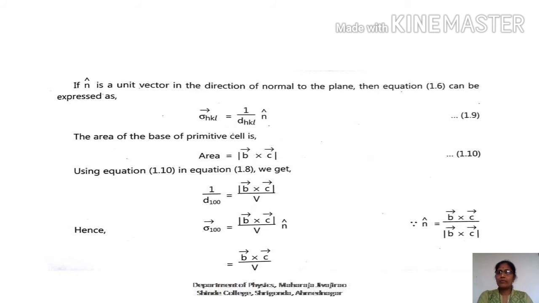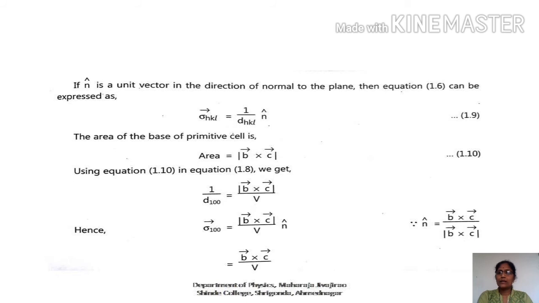Just now we have defined what n cap is. n cap is a unit vector in the direction of normal to the plane, and its value is b cross c divided by mod of b cross c. Substituting the value of n cap in this equation, you will obtain the value of reciprocal lattice vector as b cross c divided by v.